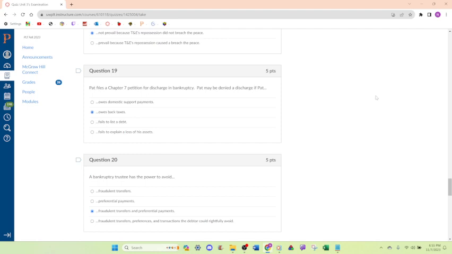How would you possibly fail to list a debt? The entire point of bankruptcy is to be discharged of your debts. But if you don't list a debt, why would you not list a debt? Because you clearly know what your debts are. You're just trying to get out of it.